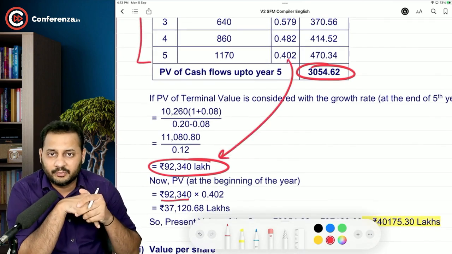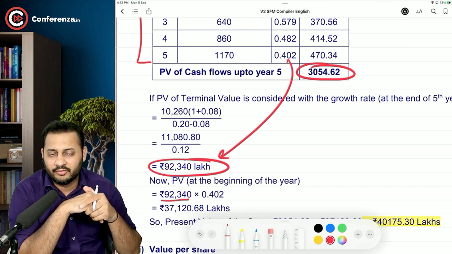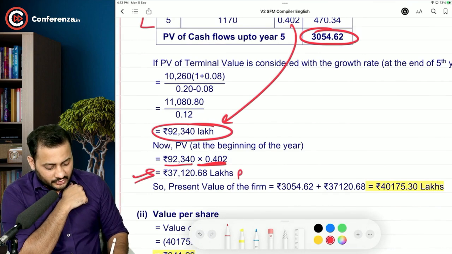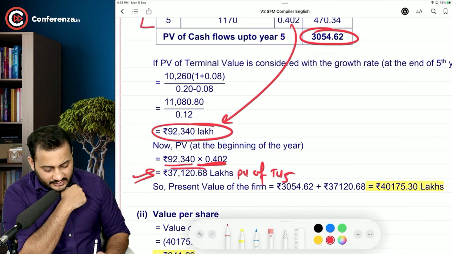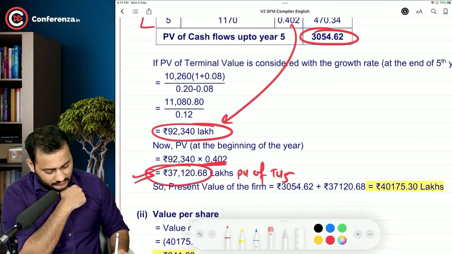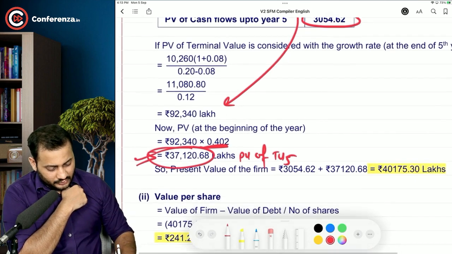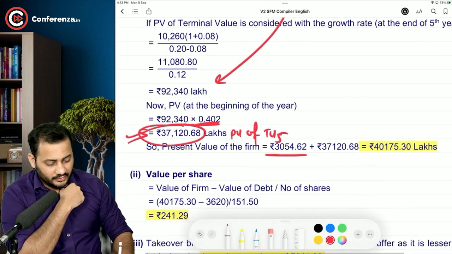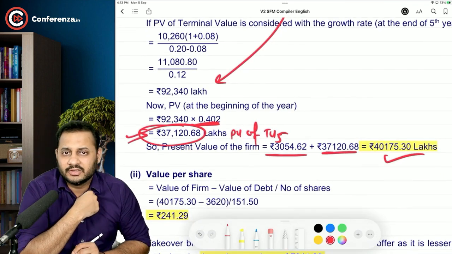So you will take the present value of it at 4.402. This is the present value factor and this is the present value of TV5, 37,120.68. So when you add this 37,120 and 3054, you will get the value of the company, 40,175.